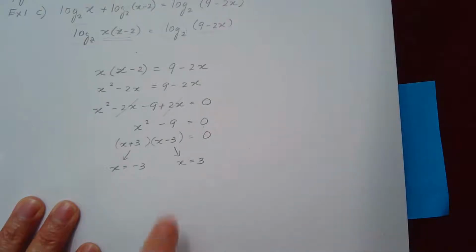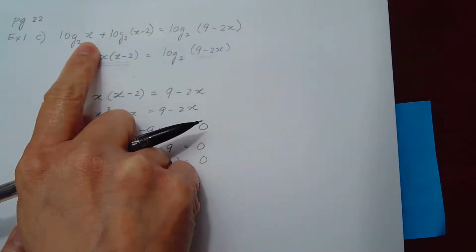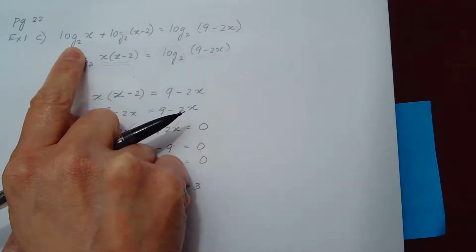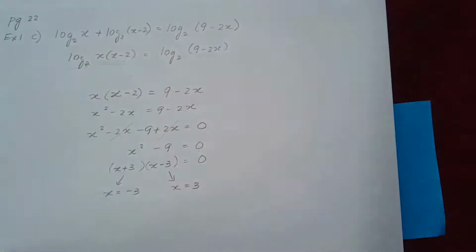Okay, but again, if I put negative 3 over here, we're going to run into some kind of an error, because 2 to what exponent do I need to get a negative 3 for x? And there's no solution.